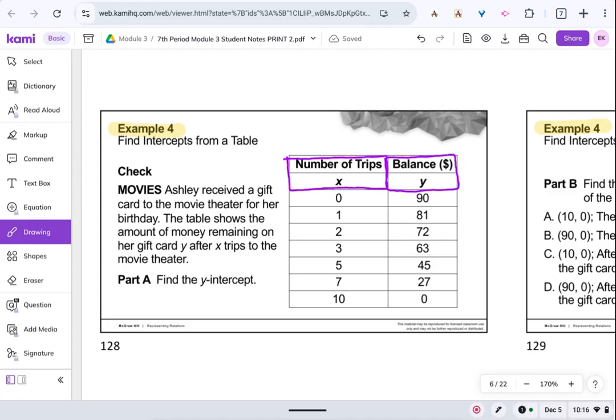Okay, so it's asking us to find the y-intercept. Y-intercept is when x is equal to 0. So we're looking for when x is equal to 0. In this case here, that's going to be this one here, 0, 90.